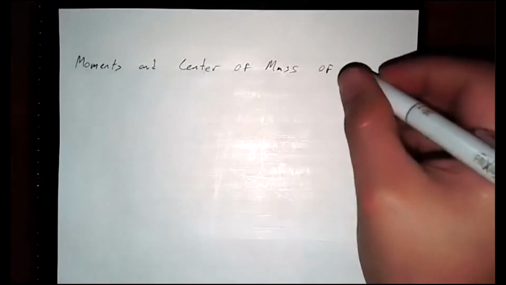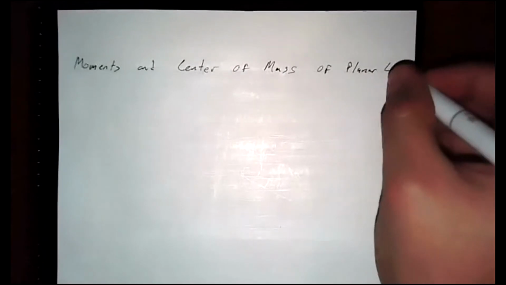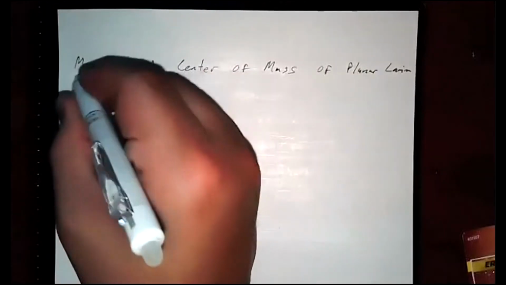The book calls this a planar lamina. All right, so let's explain what that means.